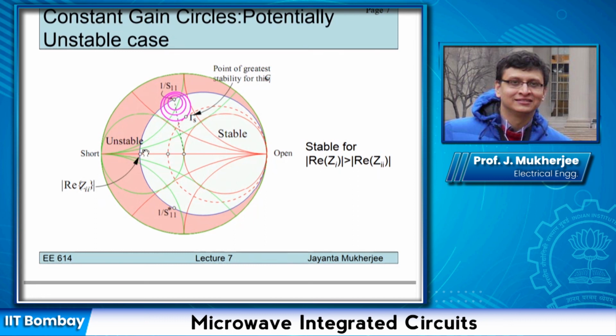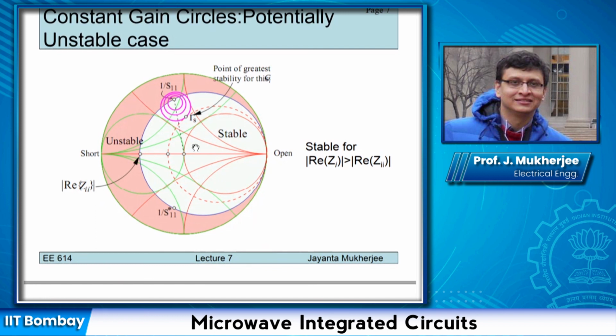Those values will be represented by this white circle. It's just that those impedances for which the real part of Zi is greater than the real part of Zii. So real part of Zii is this point. Let me put it in a different way: those values of Zii whose real part is greater than this value will be represented by this white circle.